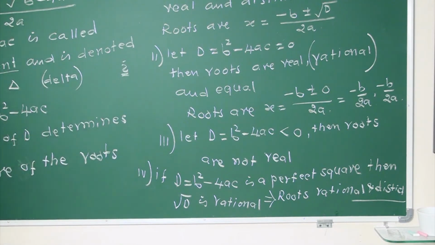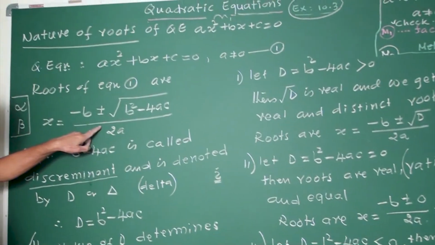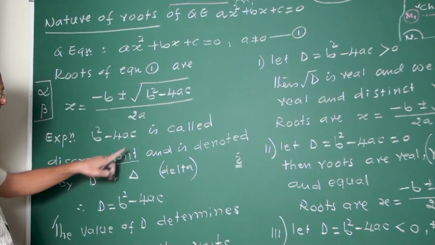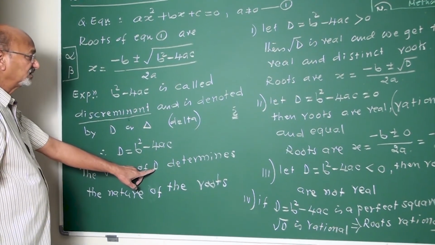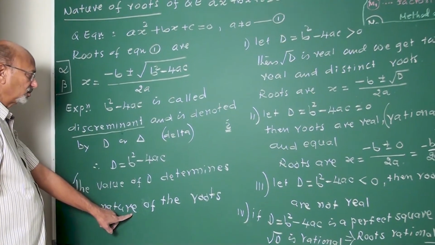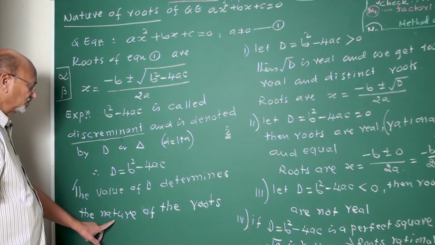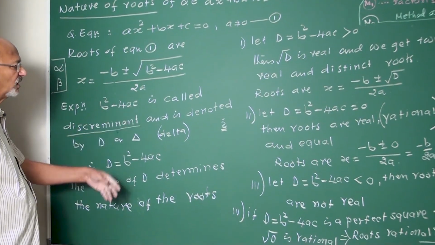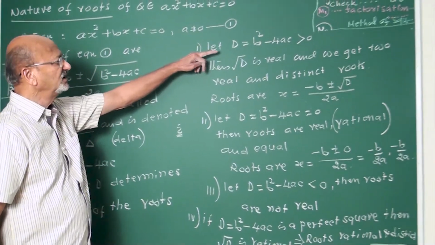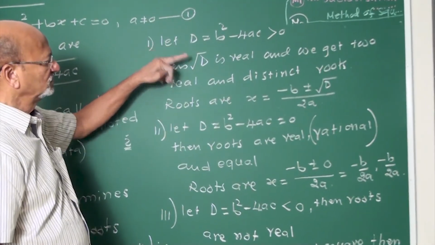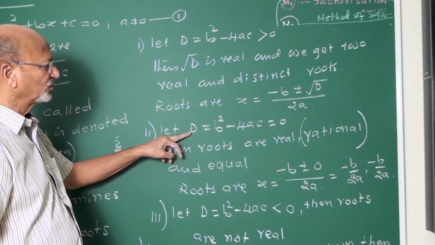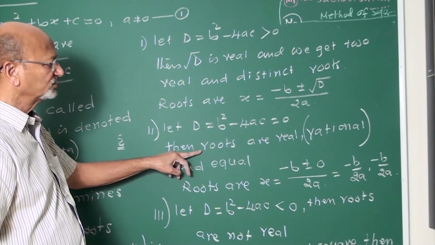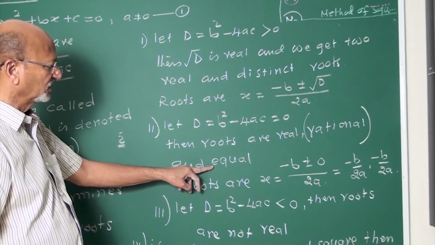So, this is the equation, solution, expression, discriminant. The value of the discriminant decides the nature of the roots. What are the values? d may be positive, you have real and distinct roots. d may be 0, which means roots are real and equal.